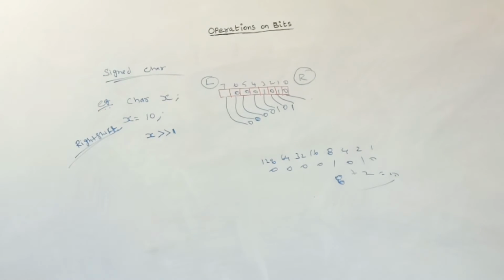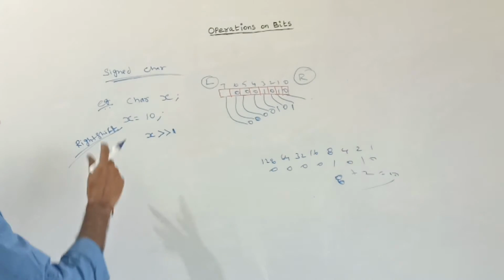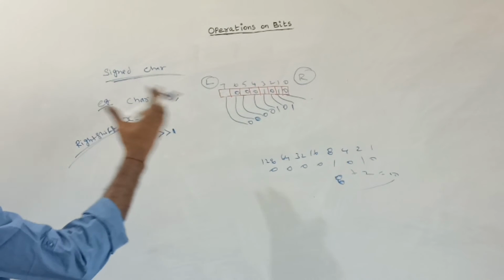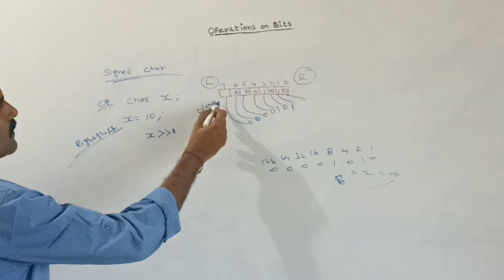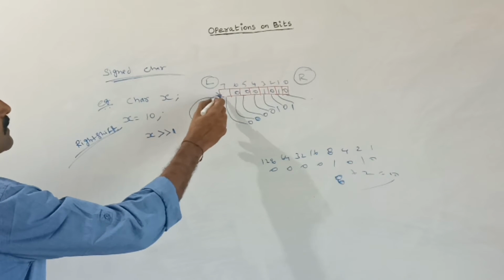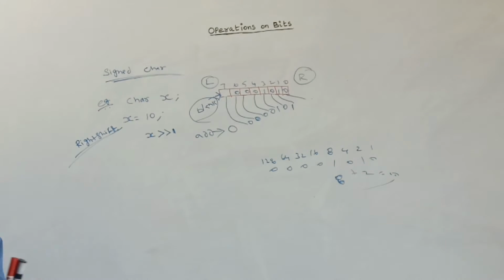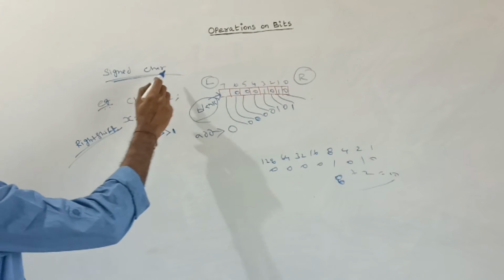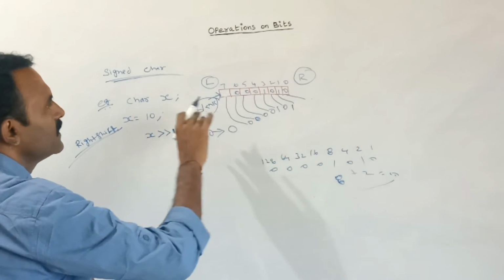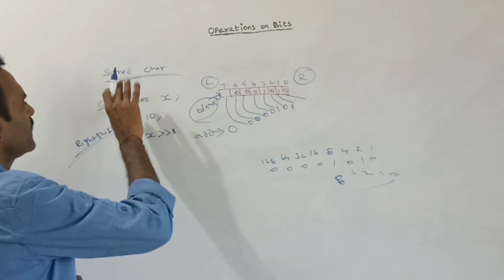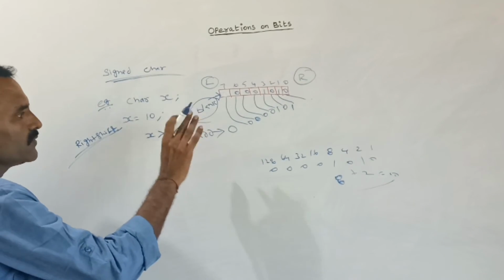Already we said for the right shift, here we are using the signed data type. For the signed data type, if it is positive, then you should add 0 for the blank space. You should add 0 only, because for the signed character, two types of values we can give: negative values and positive values. For the positive values, if you are right shifting, on the left side there will be a blank space. In that left space you should add 0 only.